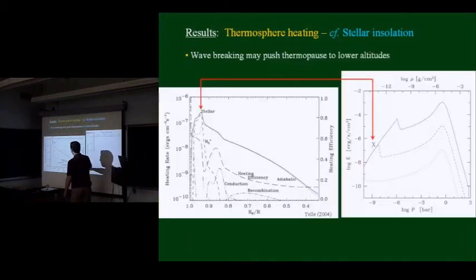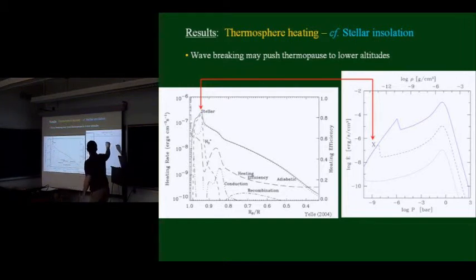Here is a model of the upper atmosphere, the thermosphere, for HD 209458 from Yelle, 2004, where he has modeled the heating rate of the atmosphere due to the incoming UV, and finds that at the base of the thermosphere, the stellar UV is heating at about a few times 10 to the minus 7 ergs per cubic centimeter per second.